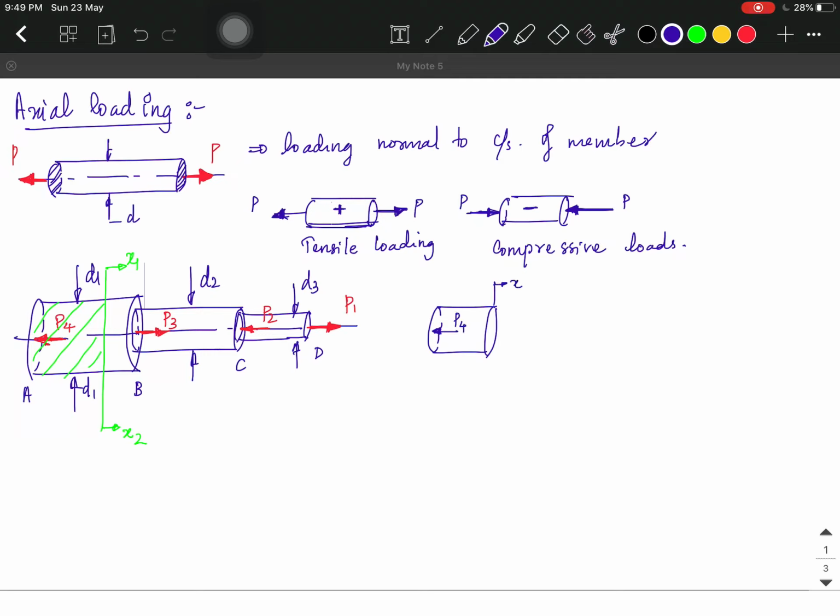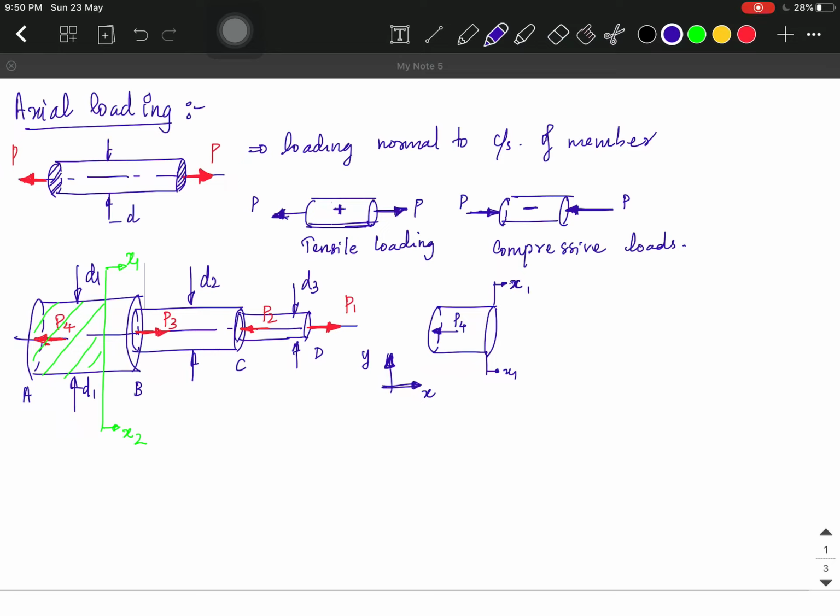Whenever we take the equilibrium condition of this member, let's suppose this is the coordinate system we are using, with this as positive x and this as positive y.